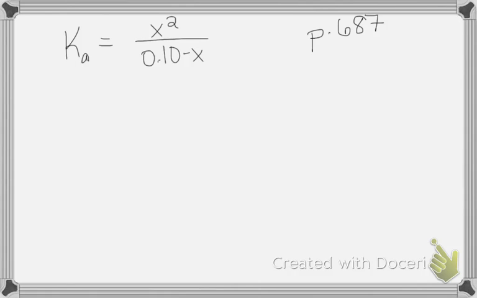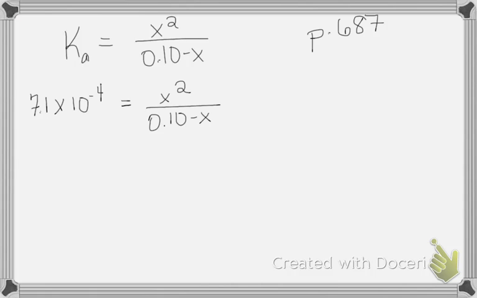If you know the acid that you're dealing with, you can look up the Ka, always. But you've got to know the acid so you can look up the Ka. Since this is hydrofluoric acid, I know that the Ka value is 7.1 times 10 to the minus 4. And that's going to be equal to X squared divided by 0.10 minus X.